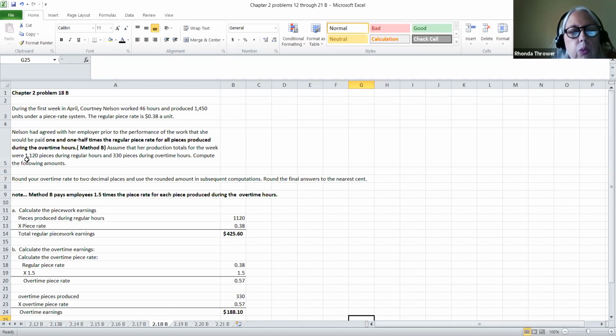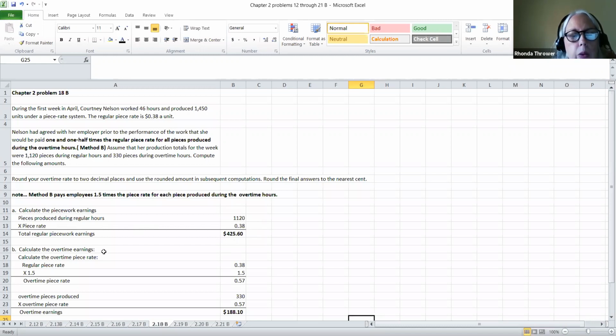That's what they told you were produced during the regular working hours. 1,120 units were produced. The piece rate is 38 cents that was given. You multiply the number of pieces produced times the piece rate, and that gives you the regular piece rate earnings.